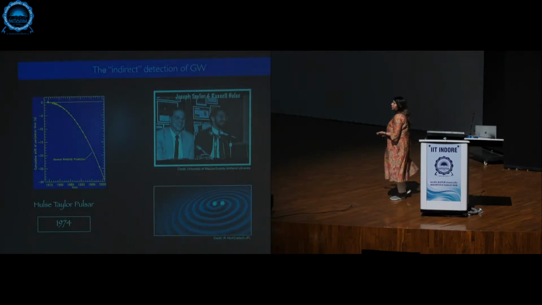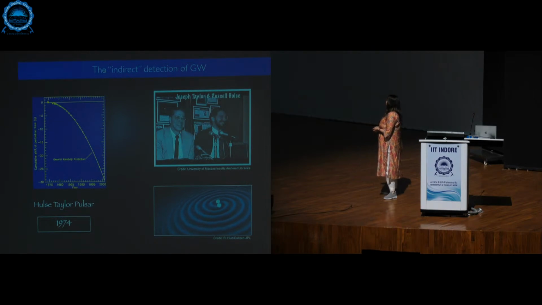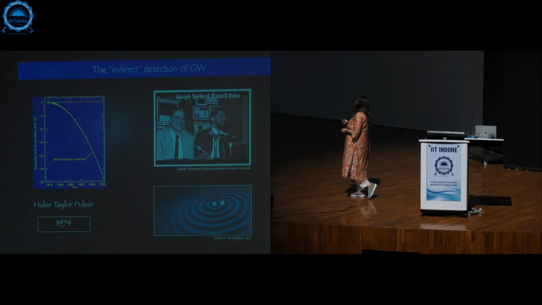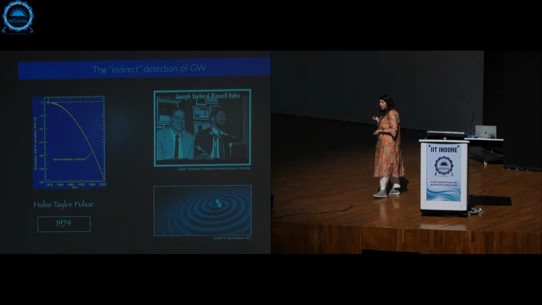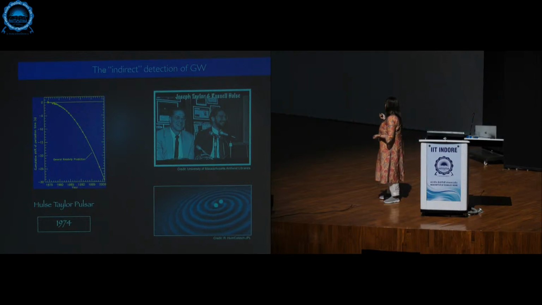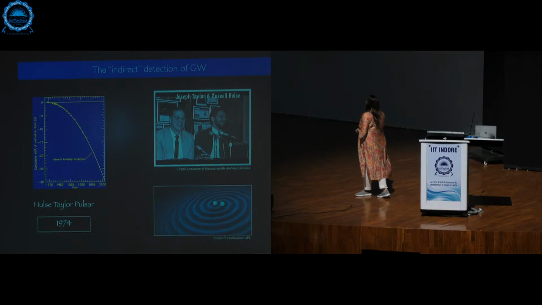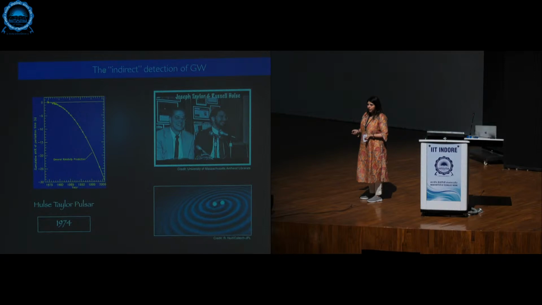There, of course, have been many attempts to observe gravitational waves. The first indirect detection happened when Joseph Taylor and Russell Hulse observed a binary system of neutron stars, which is now called the Hulse-Taylor pulsar. And they showed that the trajectory of these systems, which are merging, exactly follows the prediction of general relativity.